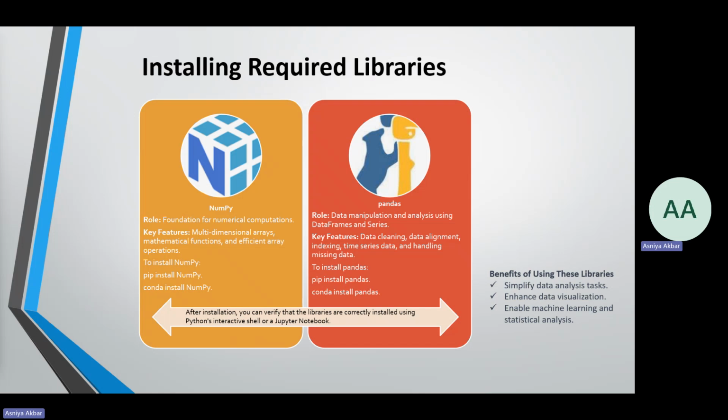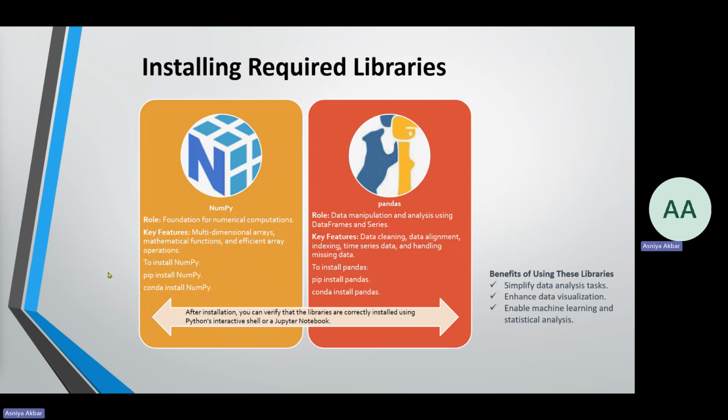NumPy also includes a wide range of mathematical functions. These mathematical functions can operate element-wise on arrays and facilitate complex numerical computation on your arrays. Also, NumPy is optimized for array operations, making it much faster than the traditional Python list for numerical computations.